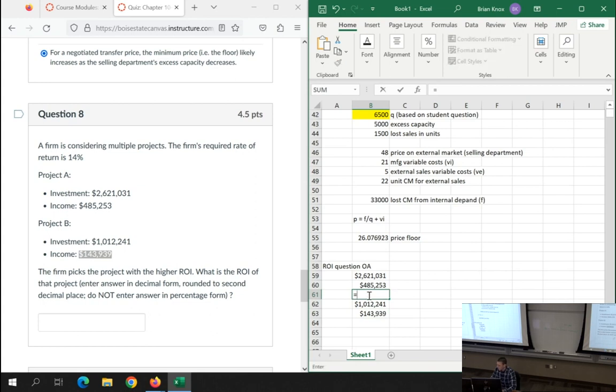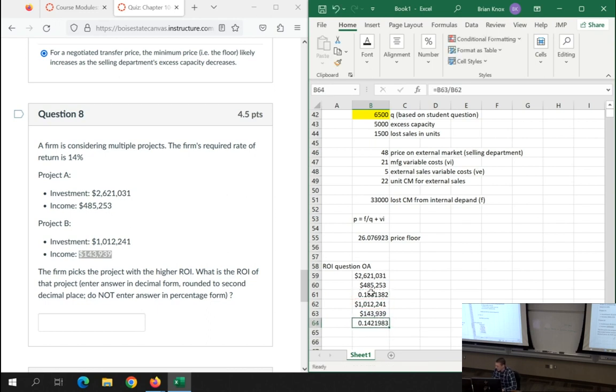So the ROI, how would I calculate the ROI for project A? Right, income over investment. I flipped them around from how I wrote them here just to be extra tricky. But yeah, you take the income amount, profits, over the investment. And you do the same thing for project 2, the income amount over the investment.